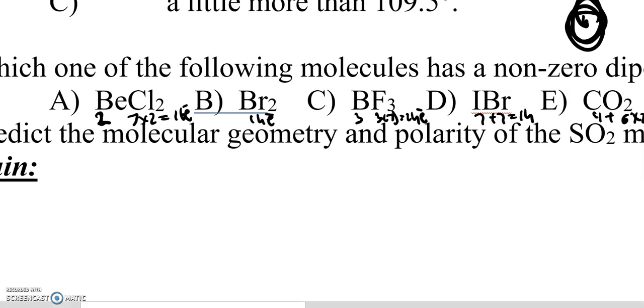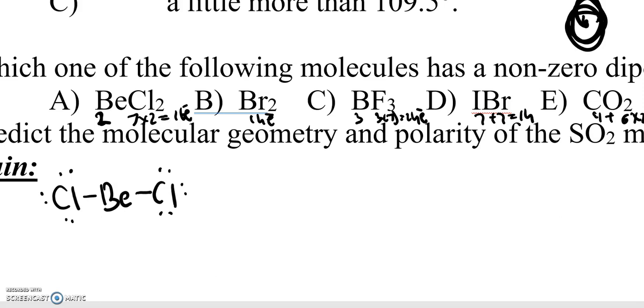So let's work on the beryllium dichloride. Beryllium, chlorine, chlorine. So 2 bonds, 4 electrons used up already. We have 12 left: 1, 2, 3, 4, 5, 6, and 1, 2, 3, 4, 5, 6. Here, beryllium, boron, lithium, these are exceptions. These are going to form only 2 bonds.